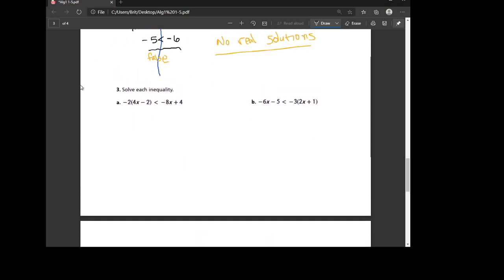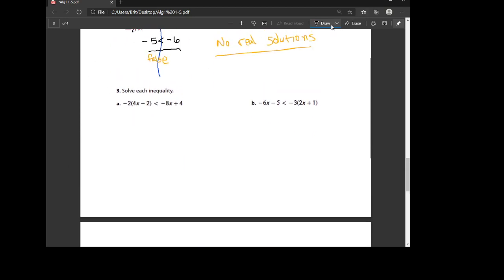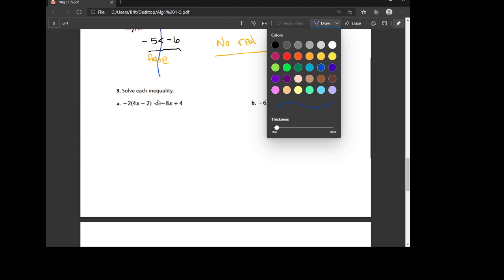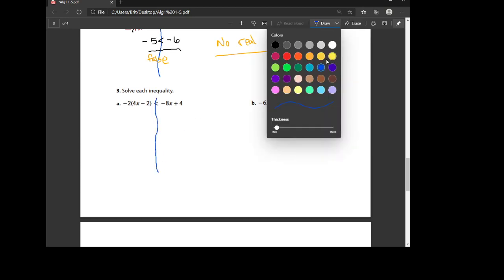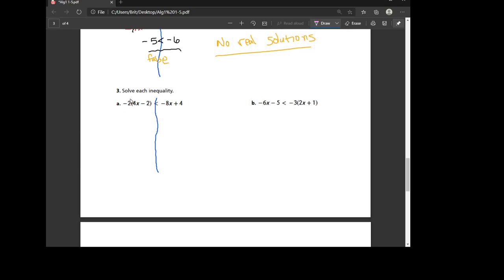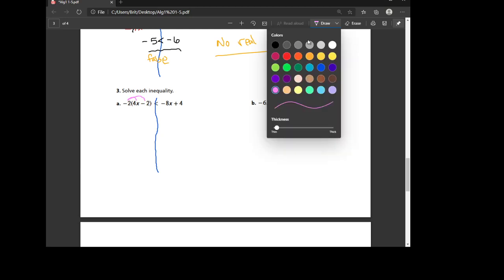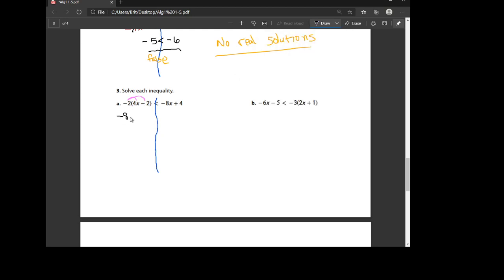Okay, so now let's look at the try it. So here's my river. I'm going to distribute across my parentheses because we need to get rid of our parentheses. So negative 2 times 4x is negative 8x, and negative 2 times negative 2 is a positive 4.